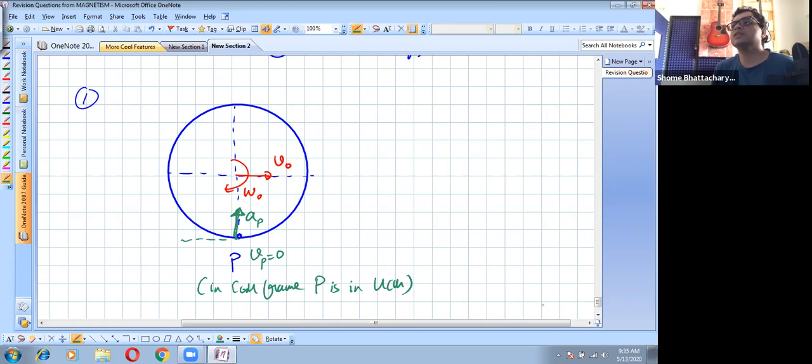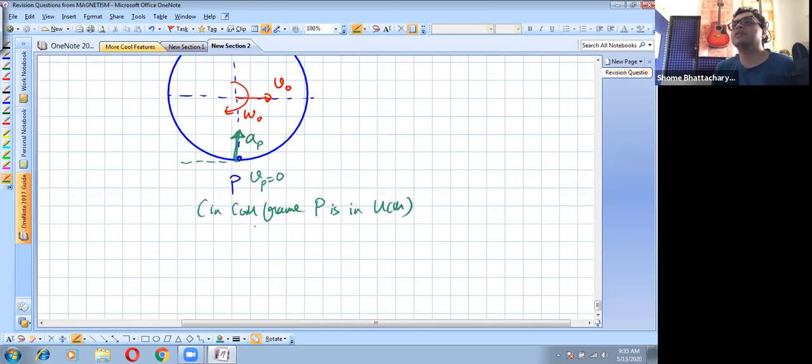Now, what type of frame is the center of mass frame? The center of mass frame here is inertial, because the acceleration of the center of mass is 0.